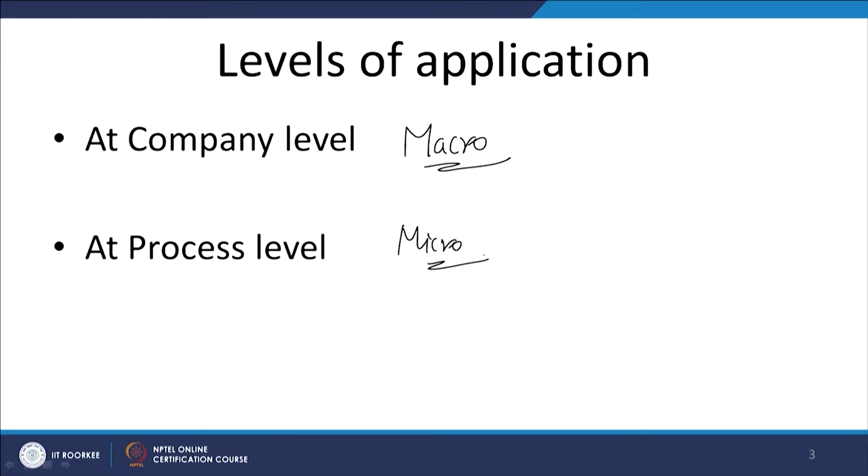So, you can discuss this concept of product profiling from an organization perspective, that is the company level application, and the company level application puts together all the processes and all the products. So, you see whether we are going in the right direction or not, that is a broader understanding we develop in the company level application.